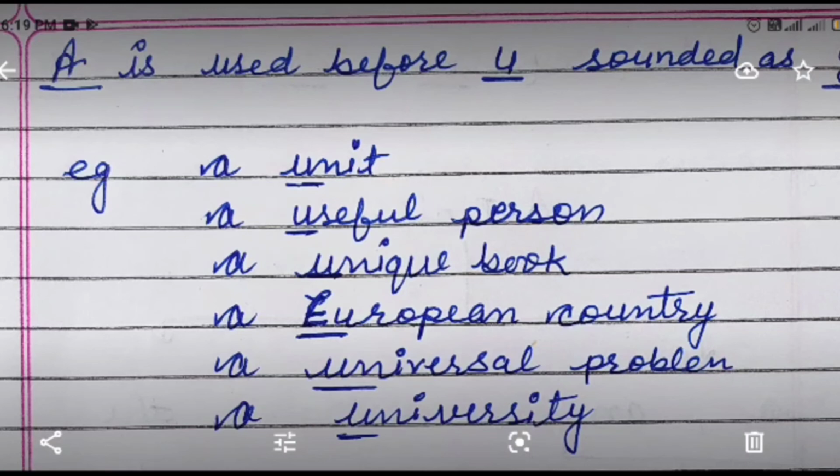And again, in European country, we place a before it because here E is silent and U gives the Y sound. So we place a before European. In the same way, a universal problem, a university. I think you understand the use of a and an.